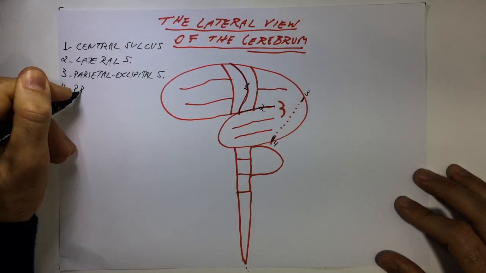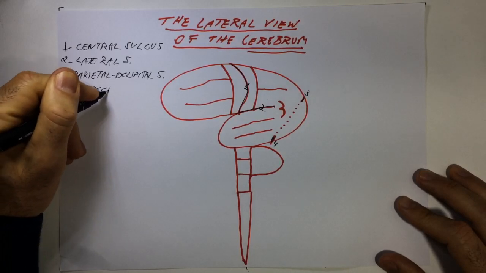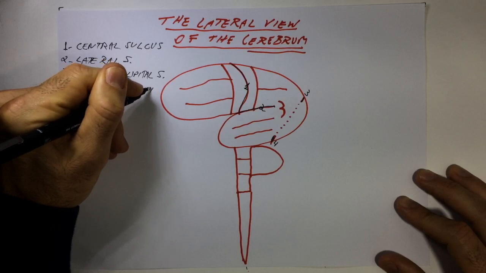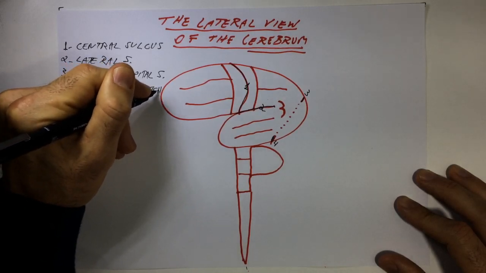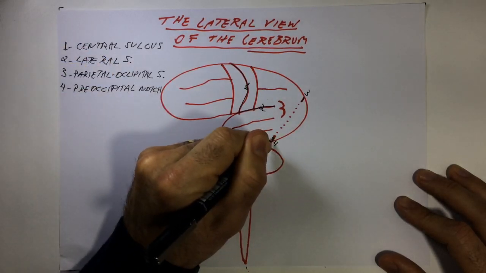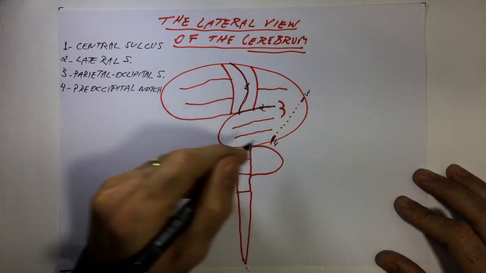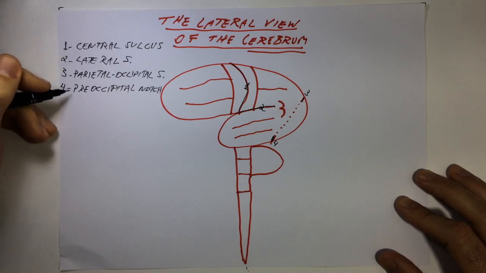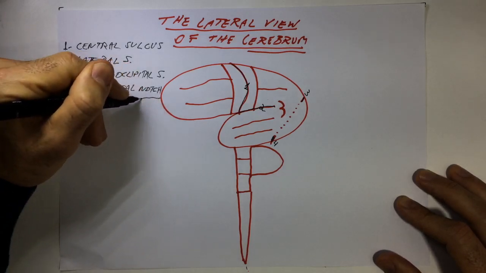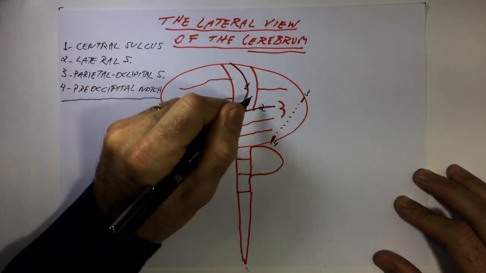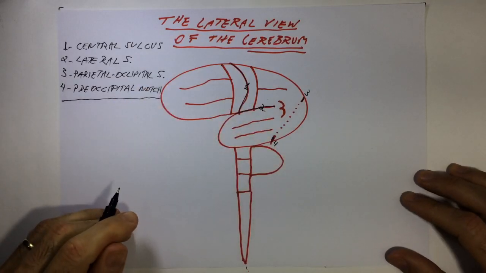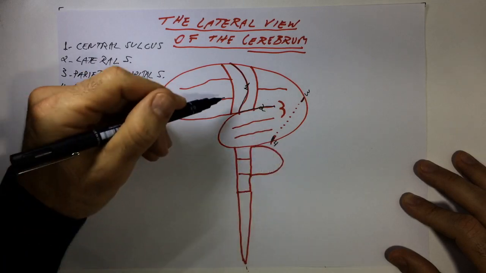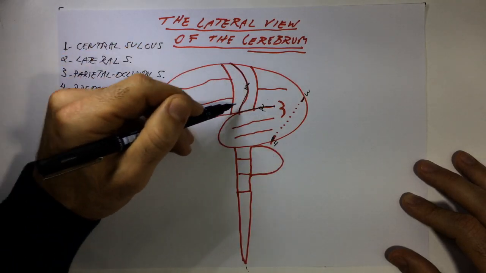It's the preoccipital notch, because it's right before the occipital lobe, so preoccipital notch. Okay, so those are the main boundaries between the lobes. And now we are going to analyze the sulci in each one of the lobes. So let's start here with the frontal lobe.